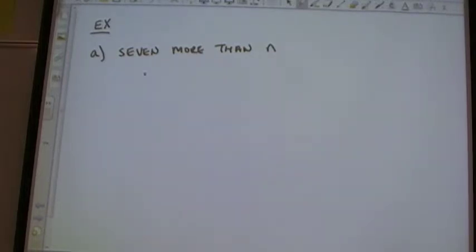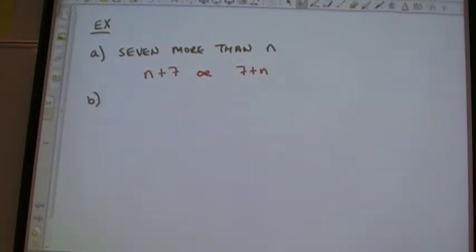N plus 7, or 7 plus N. Remember, order of addition doesn't matter. If I add 7 plus N or N plus 7, you get the same result. If you add 3 plus 4 and 4 plus 3, what do you end up with? Either way, 7. Okay? Next one.